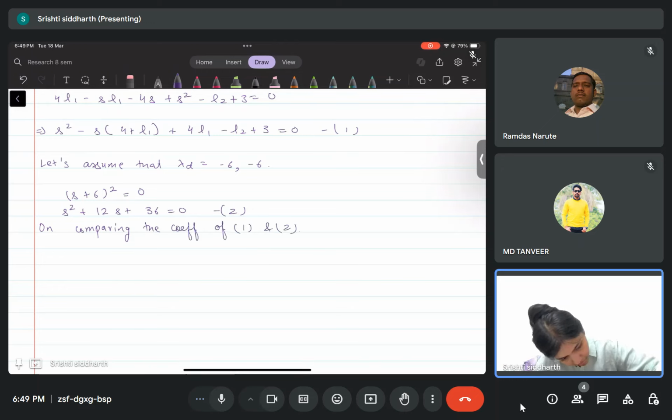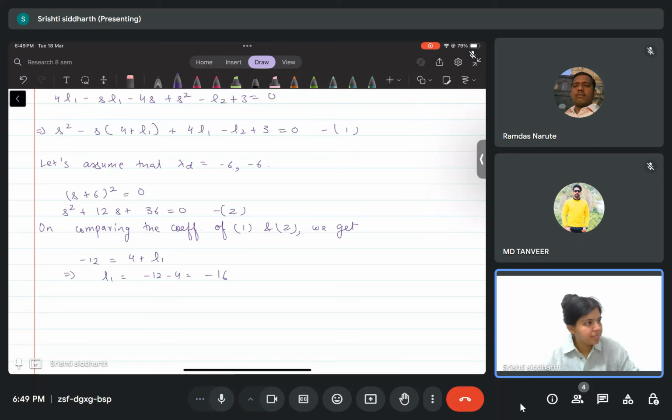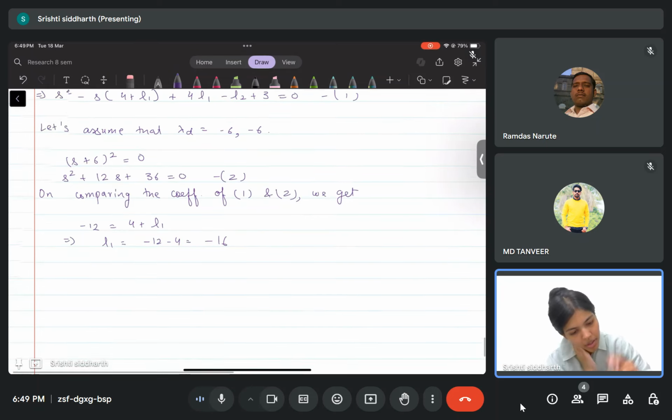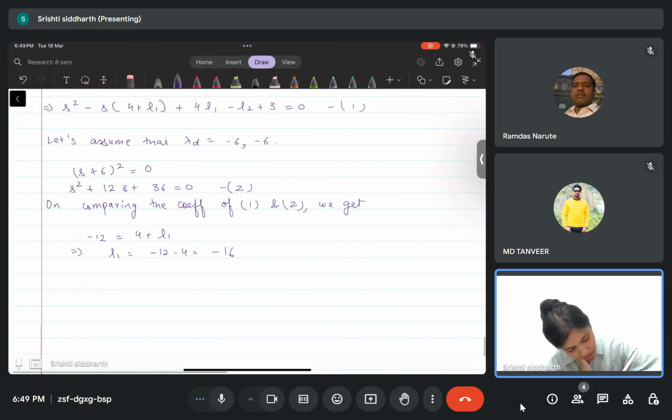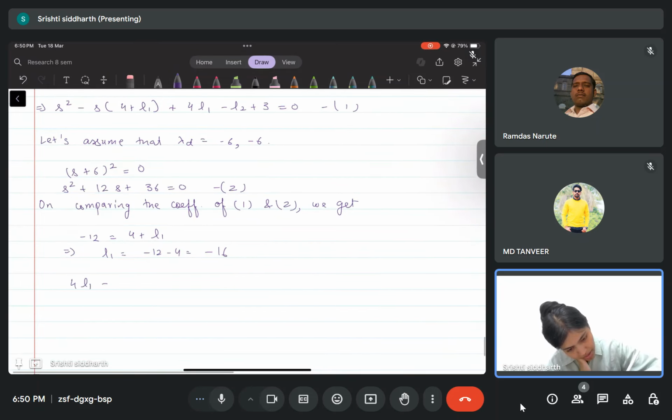We have minus 12 equals 4 plus L1, so L1 is minus 16. And then we have 4L1 minus L2 plus 3 equals 36.